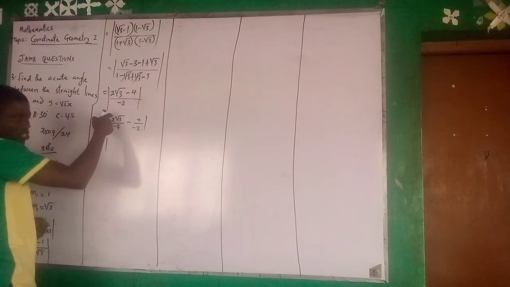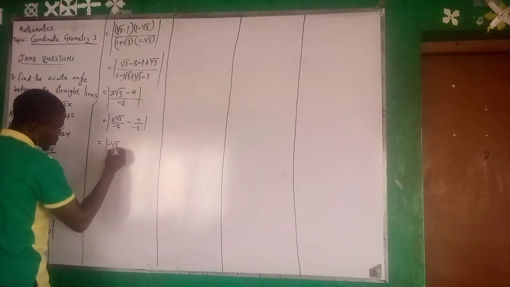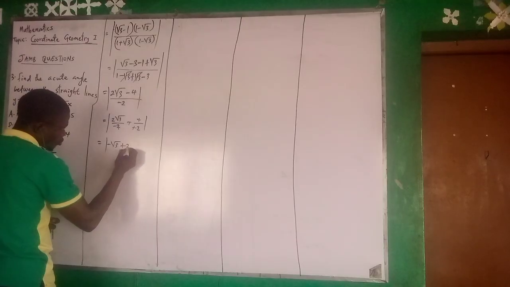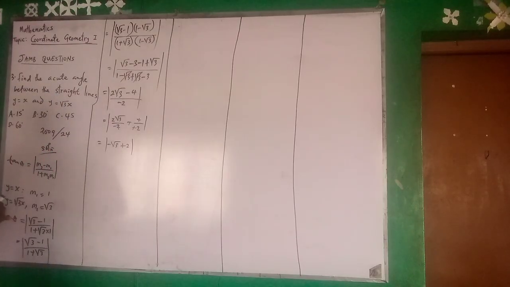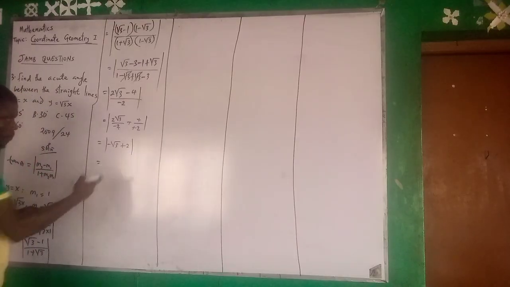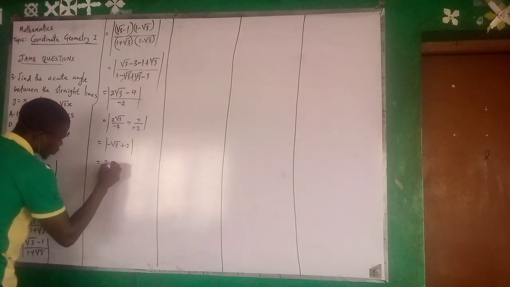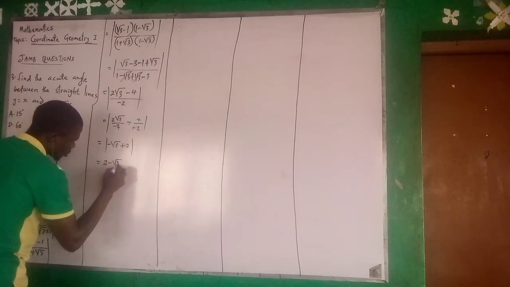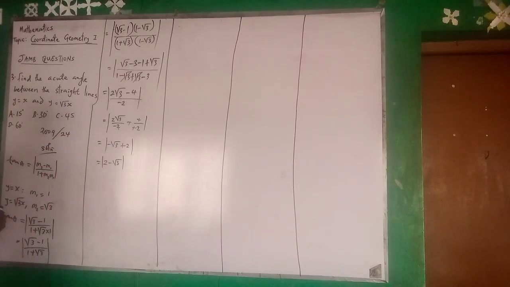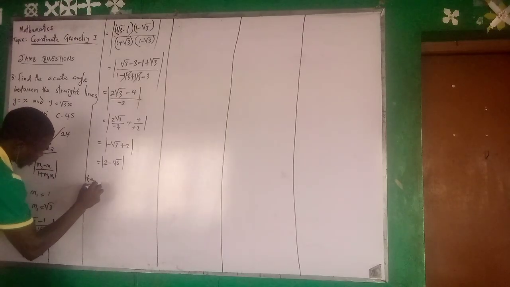Minus divided by plus is minus, remaining root 3. 4 divided by 2 is plus 2, remaining. And this can be written, the one that has plus first, right? 2 minus root 3. Okay.